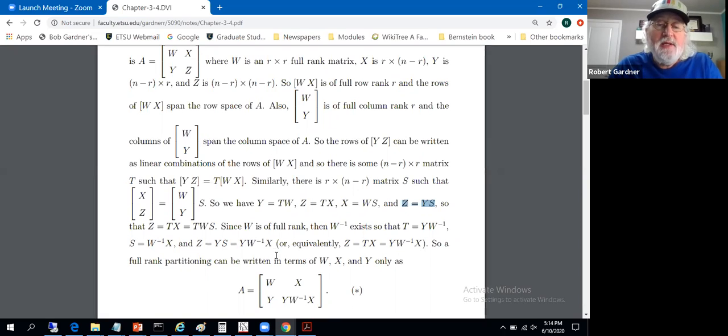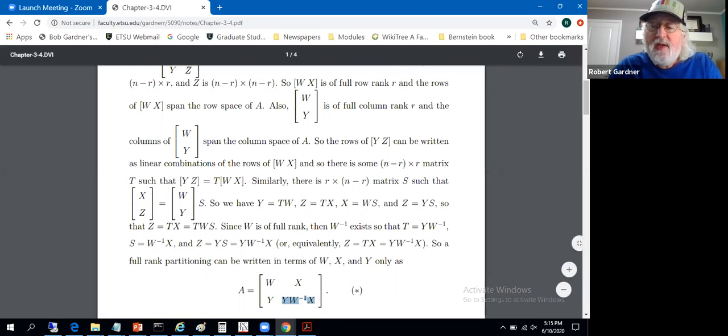That means that partitioned matrix A, provided matrix A is of rank R and matrix W is an R by R full rank matrix, then whatever happens down here can be written in terms of the other pieces.